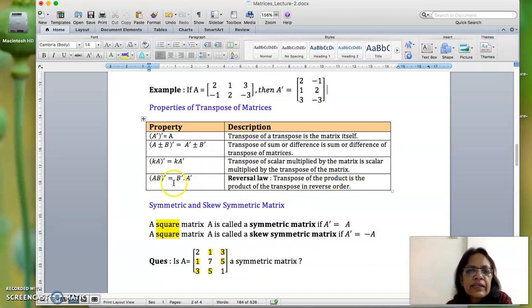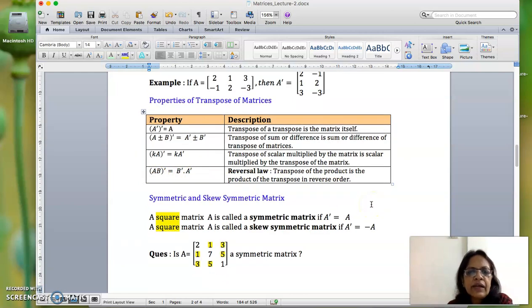Transpose of a product is the product of the transposes in reverse order. This is known as the reversal law. Again, how will we verify this? On the left hand side, first you will find the product AB, then we'll find the transpose. That is LHS. On the right hand side we'll multiply the transposes, and LHS and RHS will come out the same.